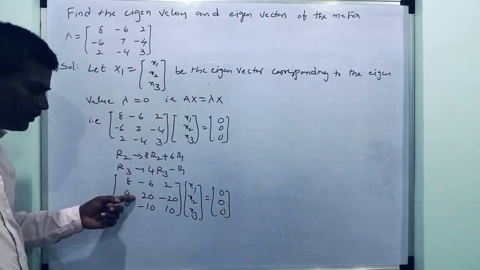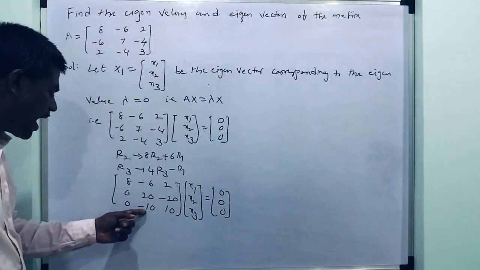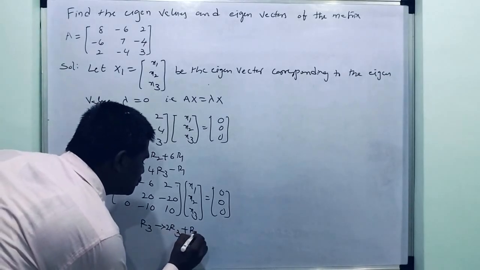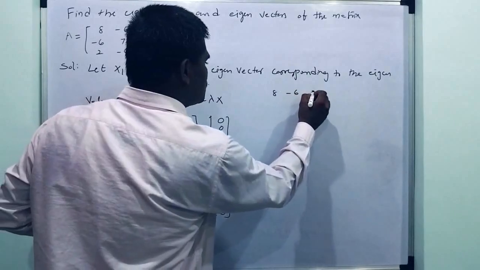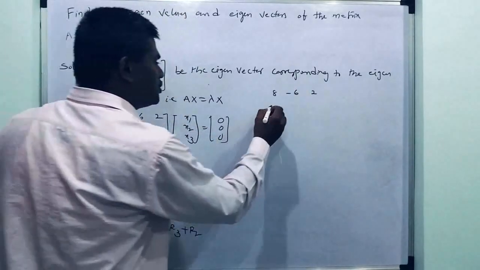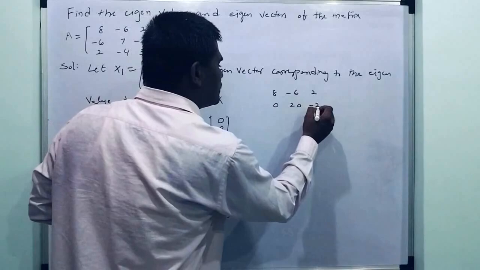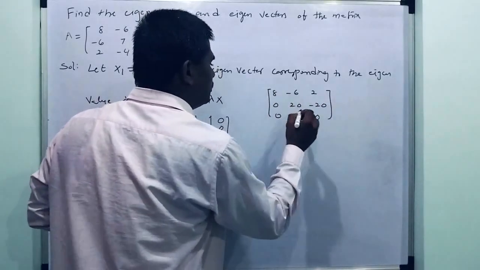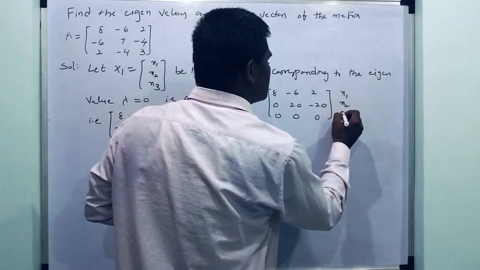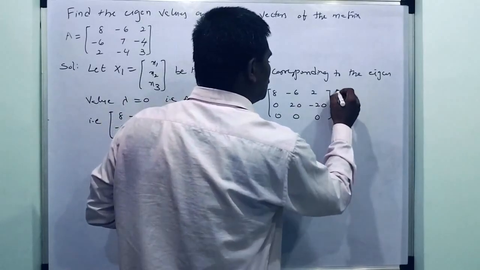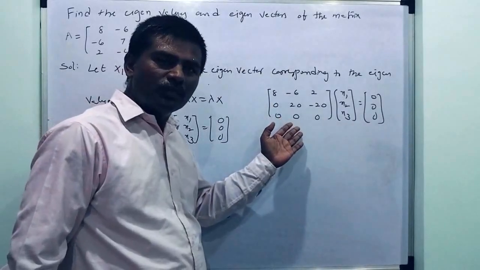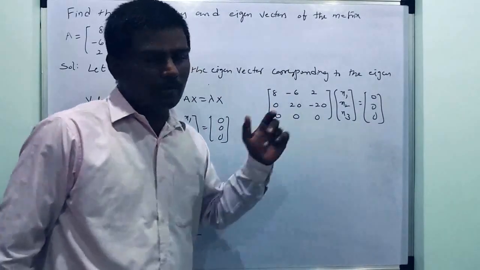Now, use this element and make this one as 0. That means R3 → R3 + R2. 8, −6, 2. 0, 20, −20. 0, 0, 0. Into (x1, x2, x3) = (0, 0, 0), which is in echelon form. So, rank less than number of unknowns.